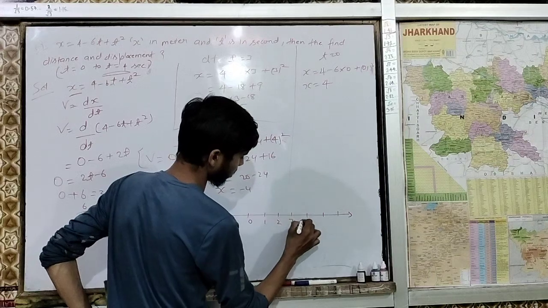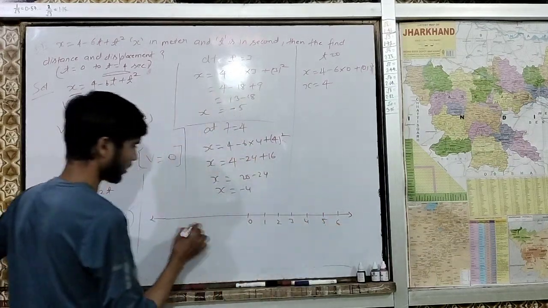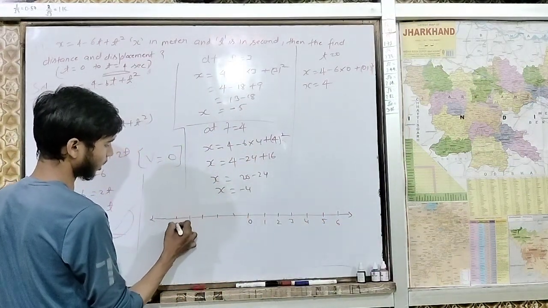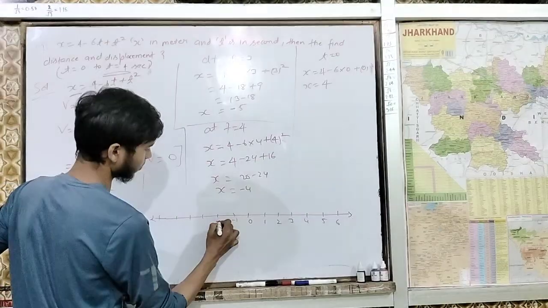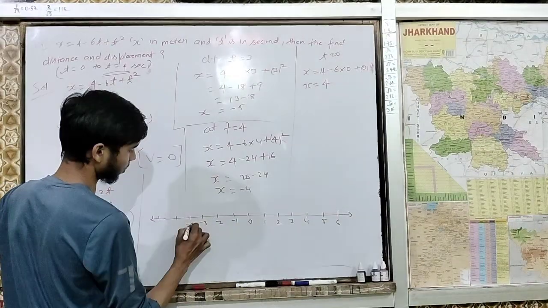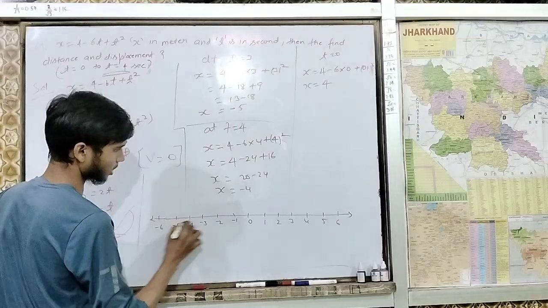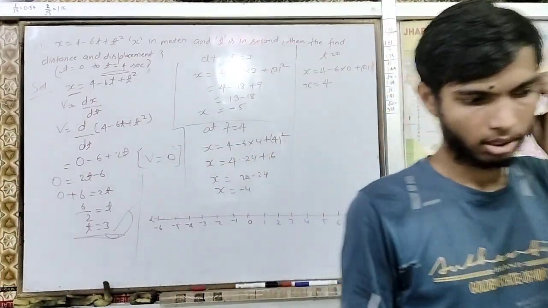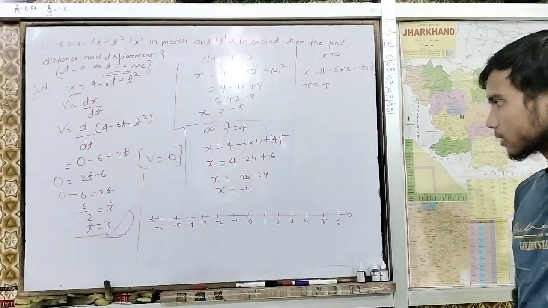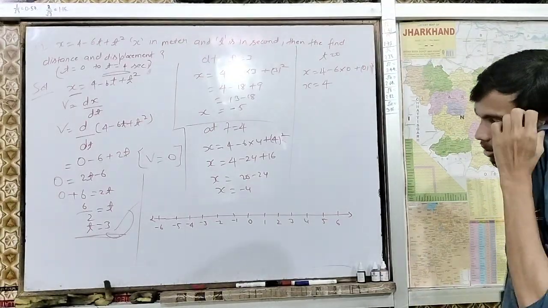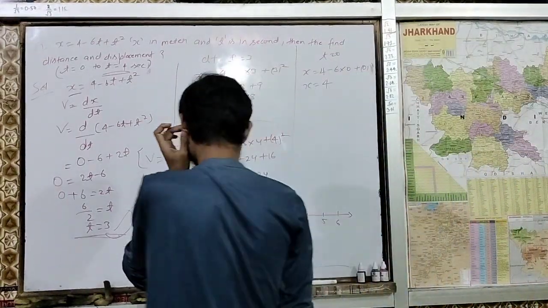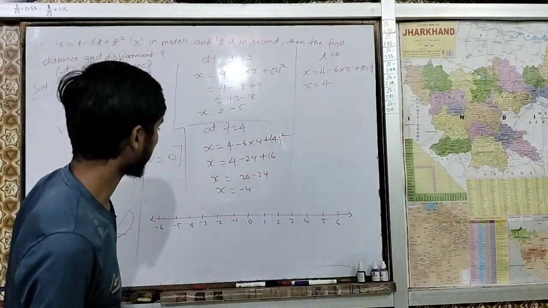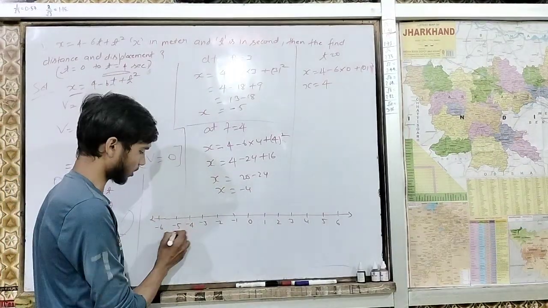This side is negative: minus 1, minus 2, minus 3, minus 4, minus 5, minus 6. And remember, we are considering this line as x, where it will take the position of the object. Now, if x is minus 5, where is minus 5? This is minus 5.